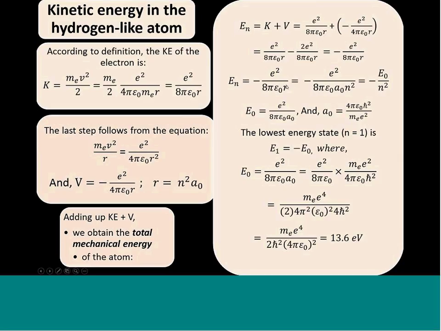Okay, so R kita gantikan sebagai N kuasa 2 A no. That's what dapat yang ni. Okay, so this is equal to negative E no per N kuasa 2.